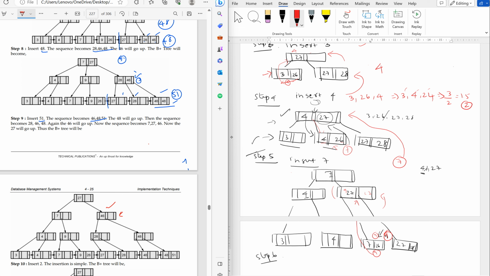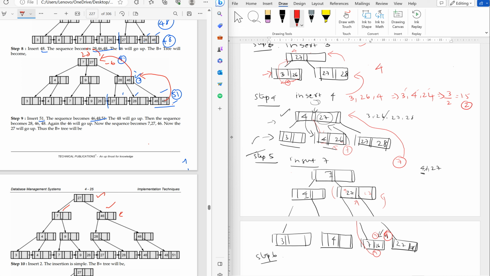So here it breaks. So here we are inserting 51. So in that three elements, the middle element 48 we are taking, and it goes here. Again here the structure breaks. Then the middle element 46 comes here. So again three elements are there. So in that the middle element 27 goes up, and the element which is lesser than 27 stays. So again the reorder takes place.